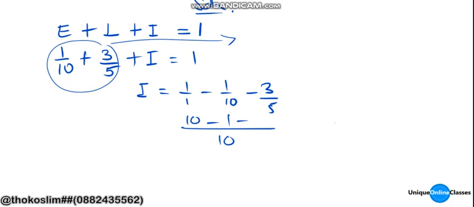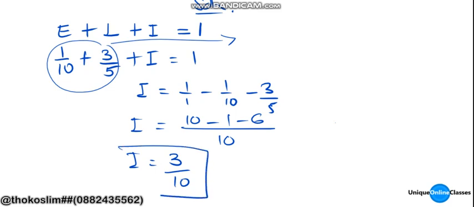Minus 5 into 10, that's 2, 2 times 3, that's 6. So I here is equal to 10 minus 1, that's 9, and 9 minus 6, that's 3/10. So this is the probability of buses arriving in time.